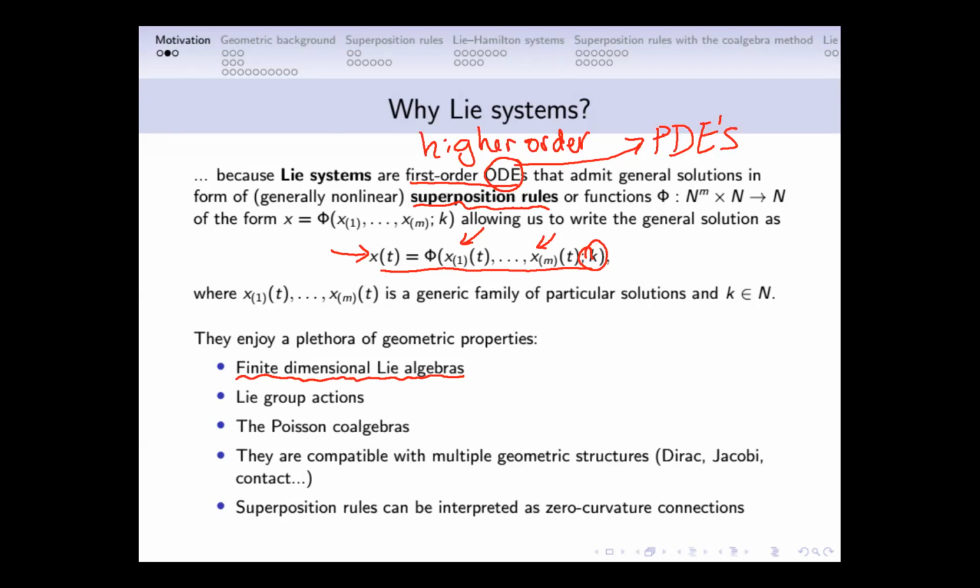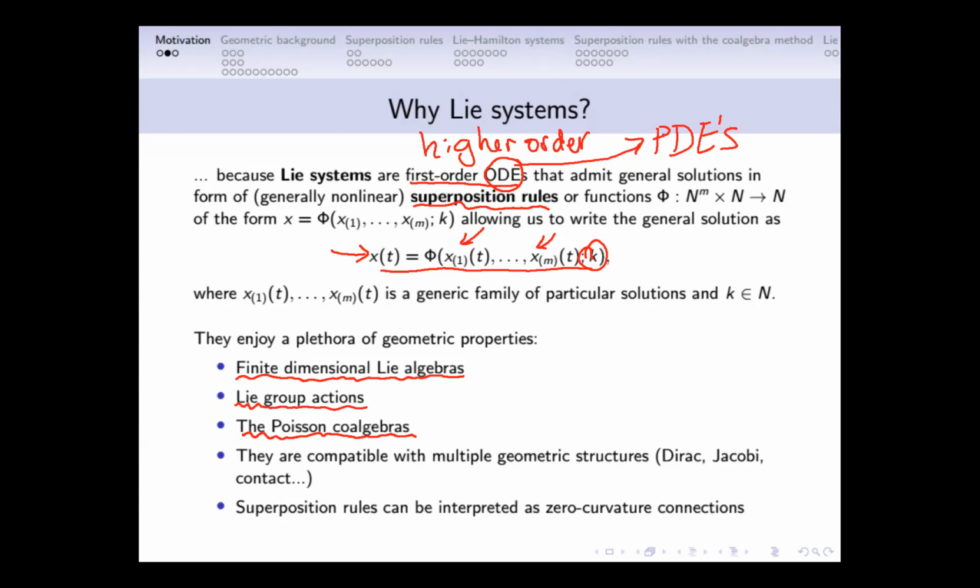Also, the systems can be studied from the point of view of group theory, so they can be interpreted by Lie group actions as well. Also, the ones that admit Hamiltonian realization will be Poisson algebras, and we can apply something called co-algebras for obtaining solutions.